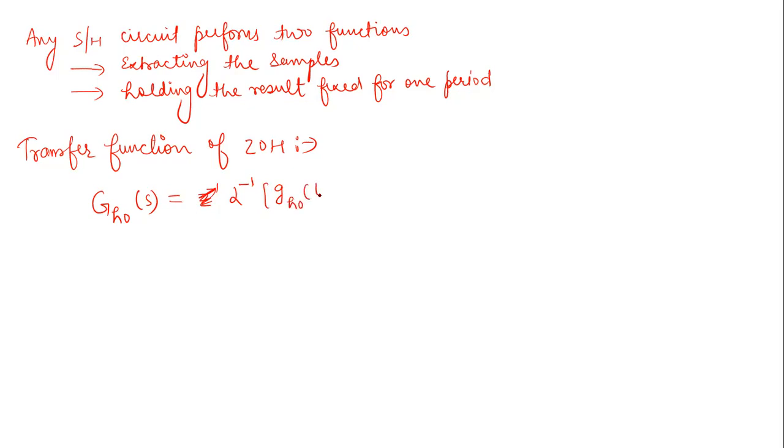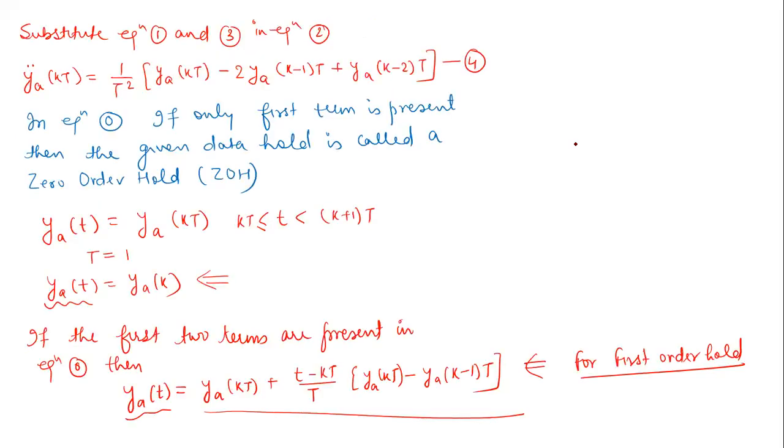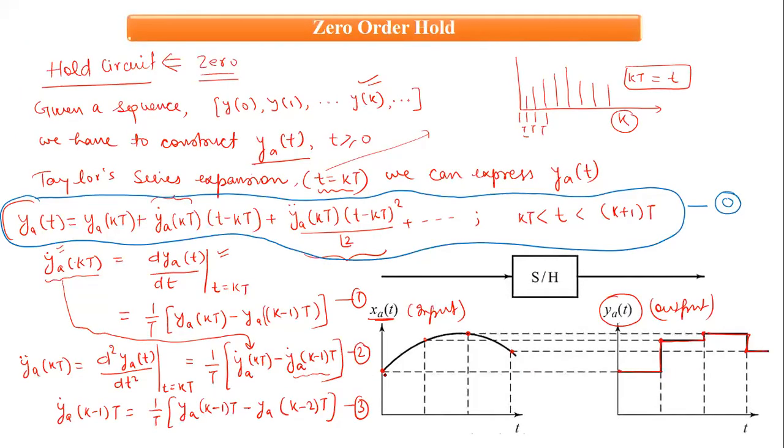GHO(t), right? So why are we taking the impulse function? Because we have discussed that only one term is present, one sample is present in the output equation, that is y(t). So if you see this diagram here, let us say there are four samples.